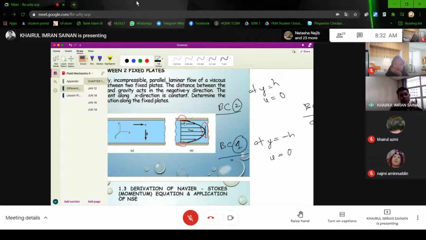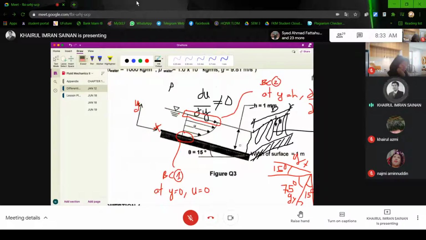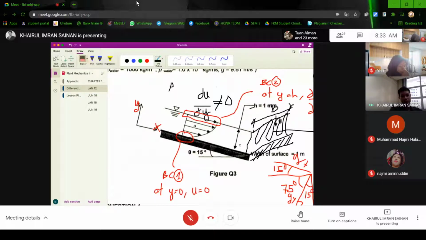So for pressure, how we draw it is not going to be a straight line. Once again, we draw it with a curve. Then another one is like our case here. This is not due to pressure, this is due to the gravitational effect. Once again, it's going to be a curve.